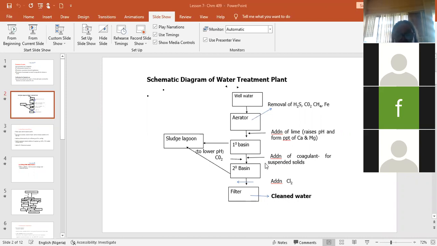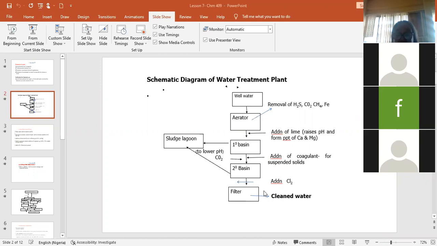In some cases, we also have another process where we pack activated charcoal, not ordinary charcoal, activated charcoal, all right? And we allow the filtered water to go through the activated charcoal, and then finally we have the cleaned water. The activated charcoal is to remove the excess chlorine.